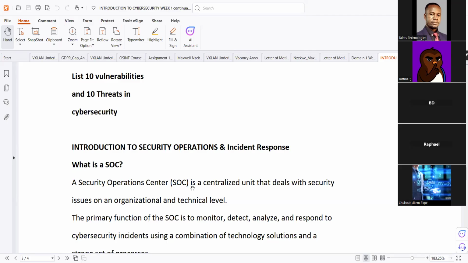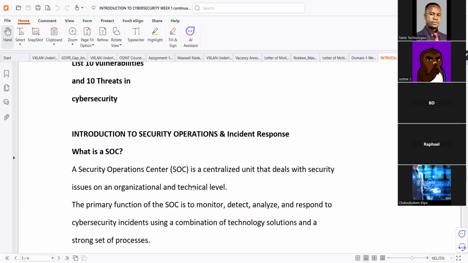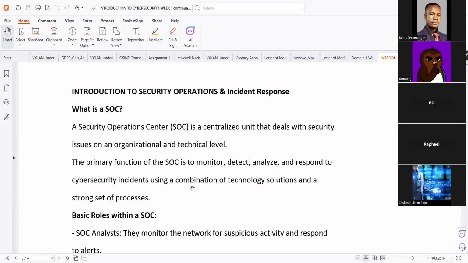It's just like a NOC, Network Operating Center. So it monitors the activities in the network of an organization. The primary function of a SOC is to monitor, detect, analyze, and respond to cybersecurity incidents using a combination of technology solutions and a strong set of processes.